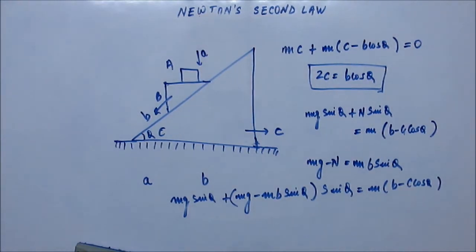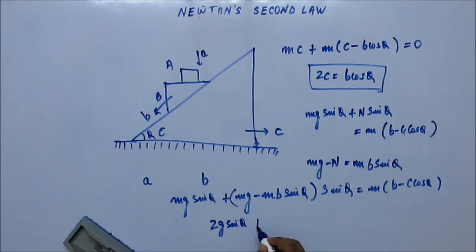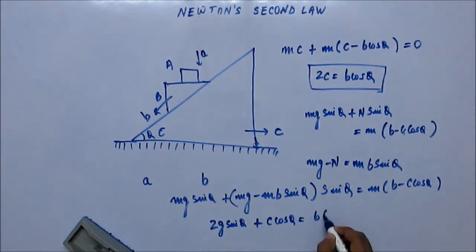Okay, so from here you can see what you are going to get. You're going to get 2mg, or let's cancel all the m. So from here you have g sine theta and g sine theta. So you're going to get 2g sine theta plus C cos theta is equal to B into 1 plus sine square theta.